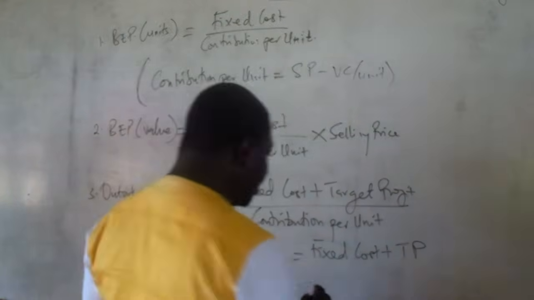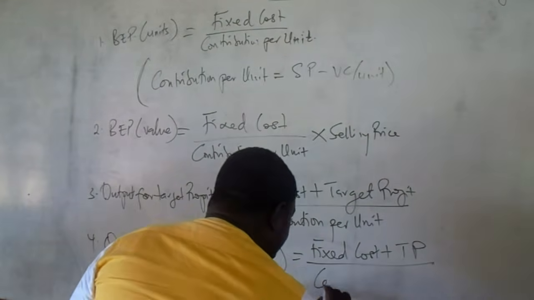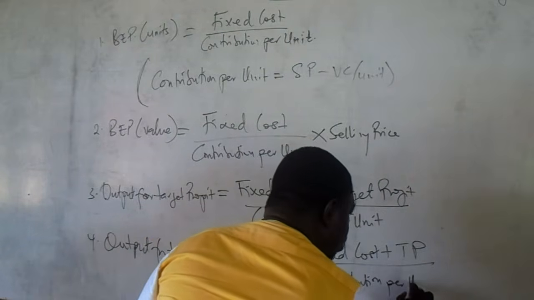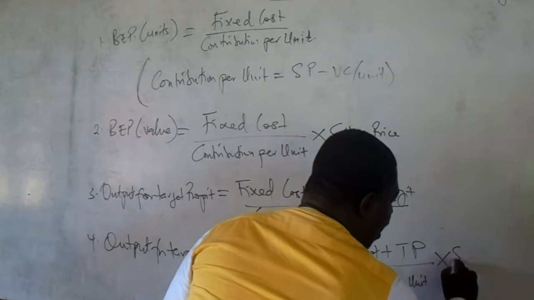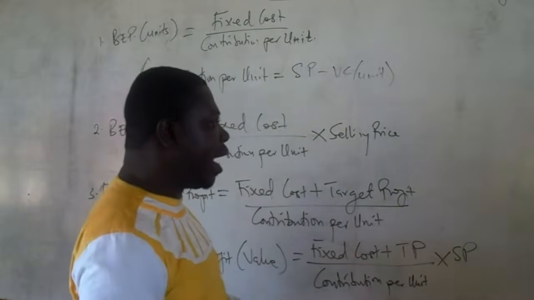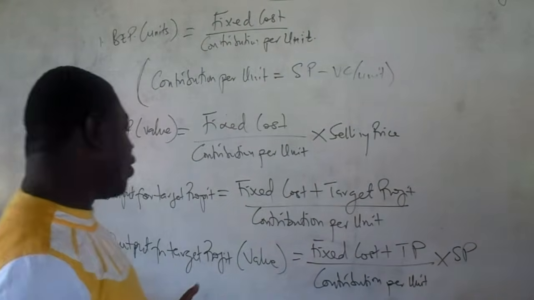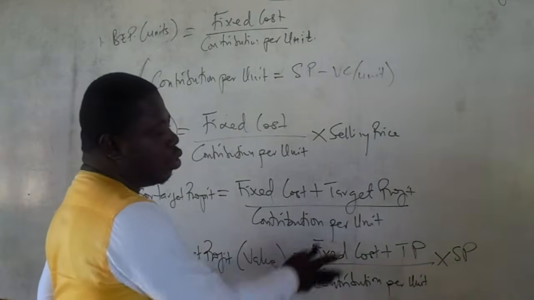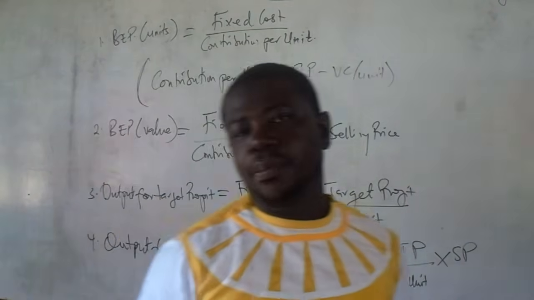Permit me to use TP for target profit, all over contribution per unit. And then everything will be multiplied by your selling price. This is how to get the output in value that you need to achieve your target profit.